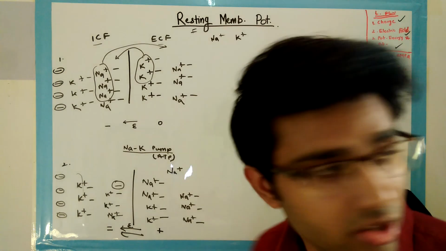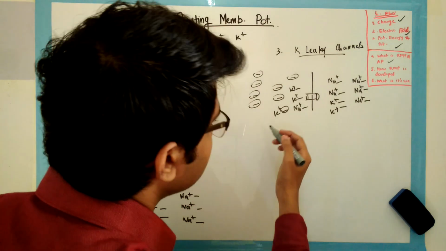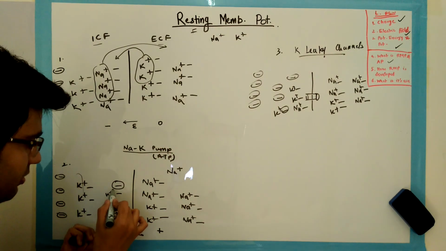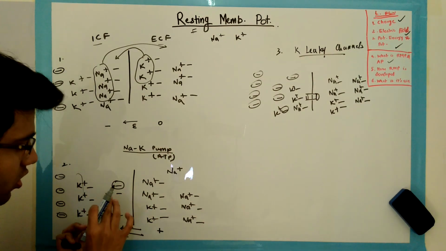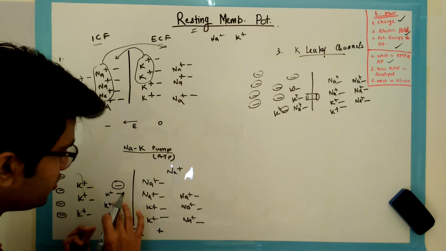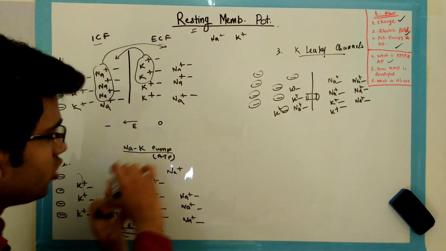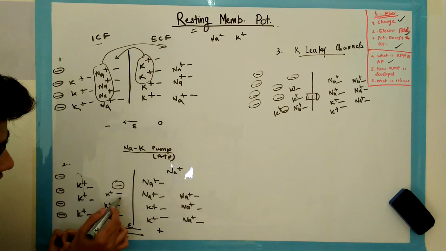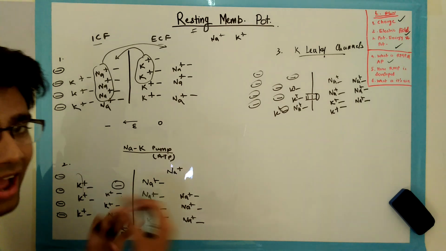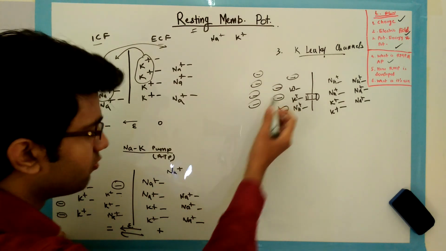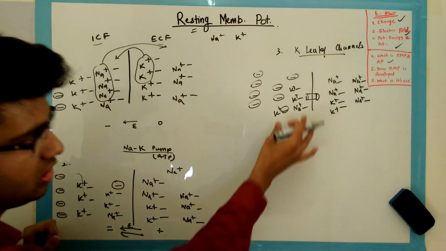Now here, as you can see, because some of the potassium ions under the influence of concentration gradient cross to that side, therefore they leave these negative ions as it is. So we have more accumulation of negative charge on the inside.